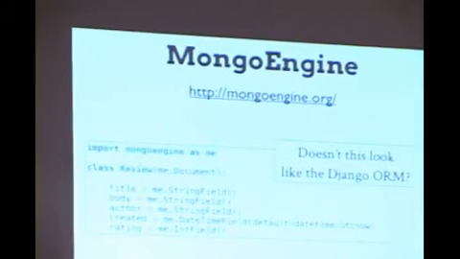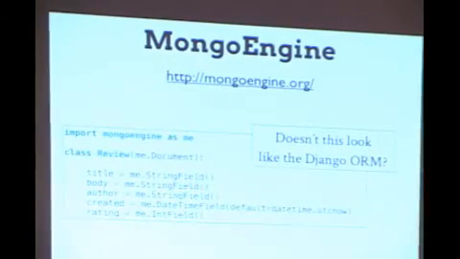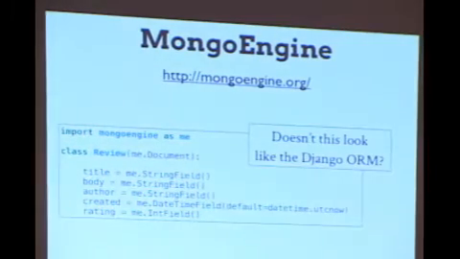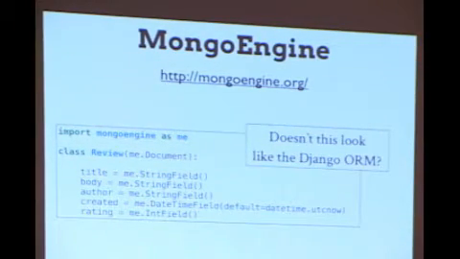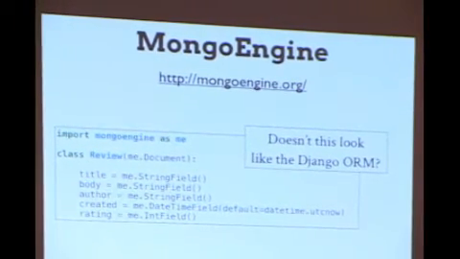Now, option 3, Mongo Engine. It's the second of the object mappers or object document mappers. So this is a code sample, and you'll notice that it is very, very clean. I like my Python nice and clean, and it looks a lot like your standard Django models.